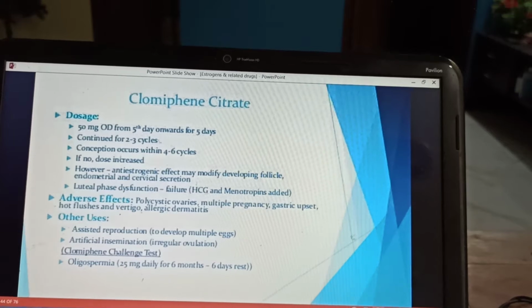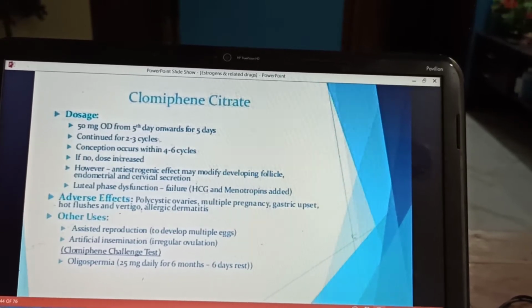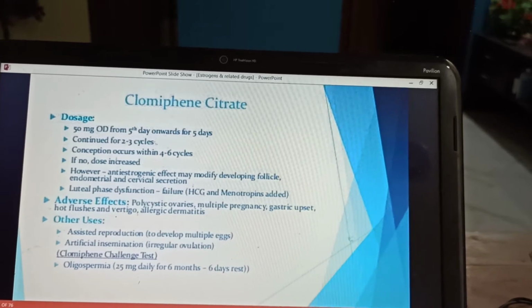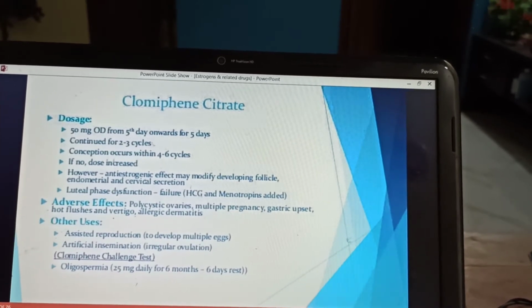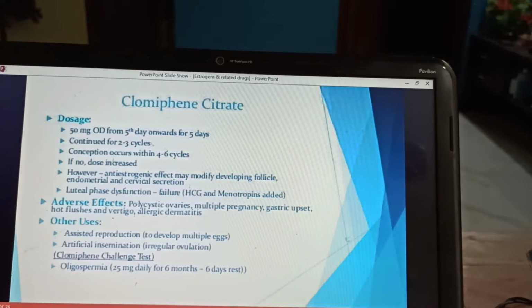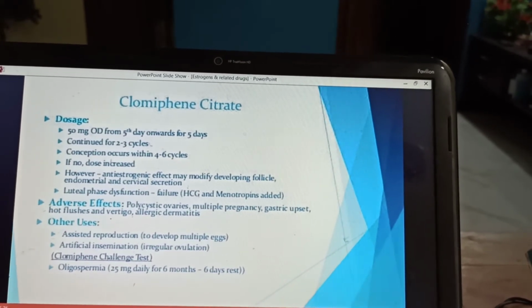Anti-estrogenic effect may modify the developing follicle and the endometrial and the cervical secretion, and the failure of clomiphene citrate can be because of luteal phase dysfunction.